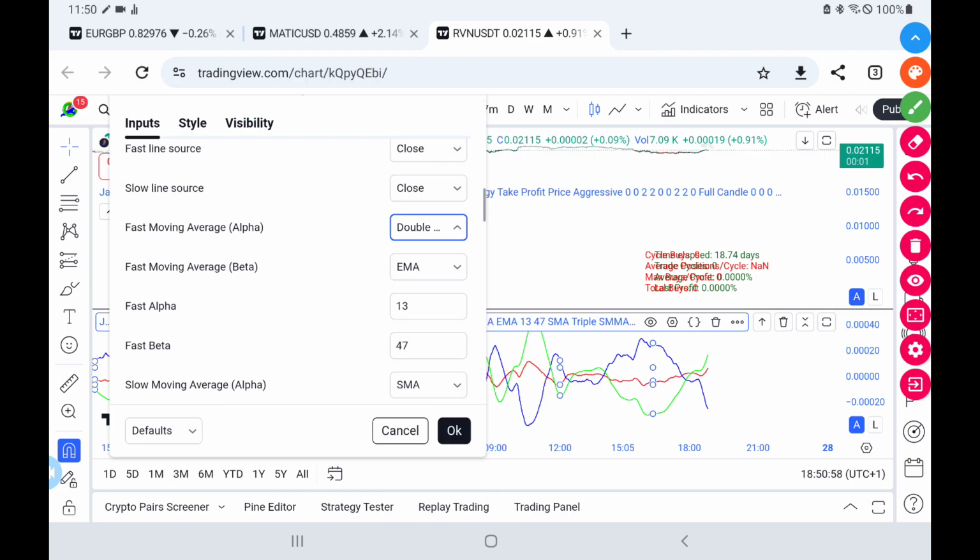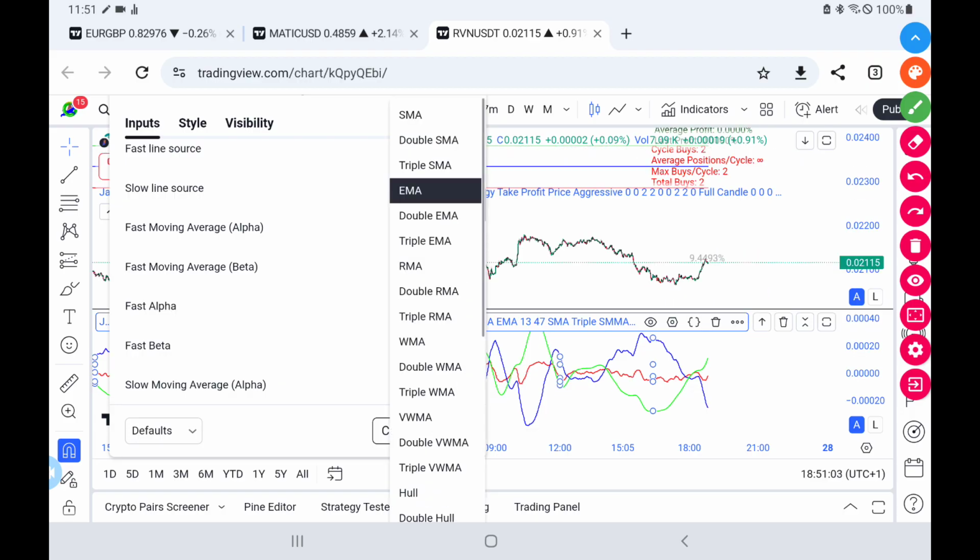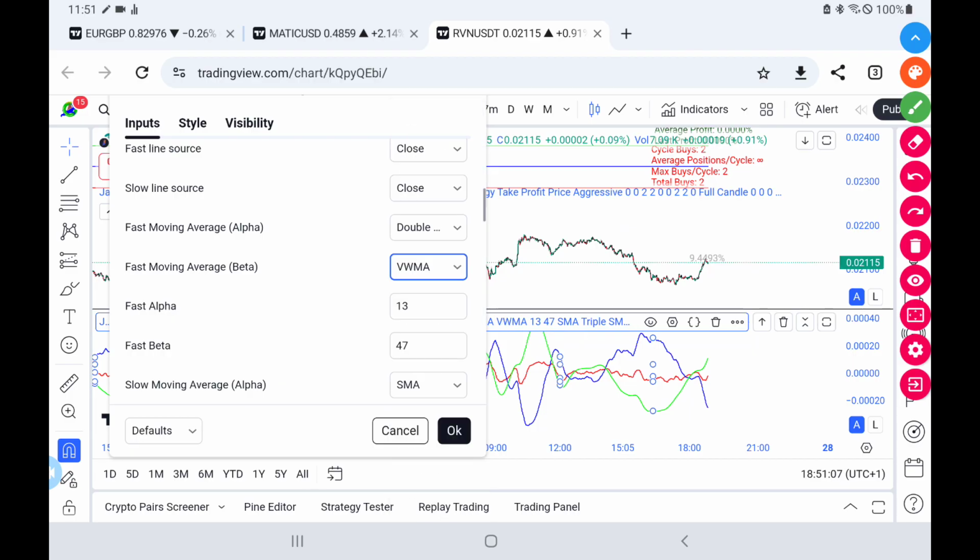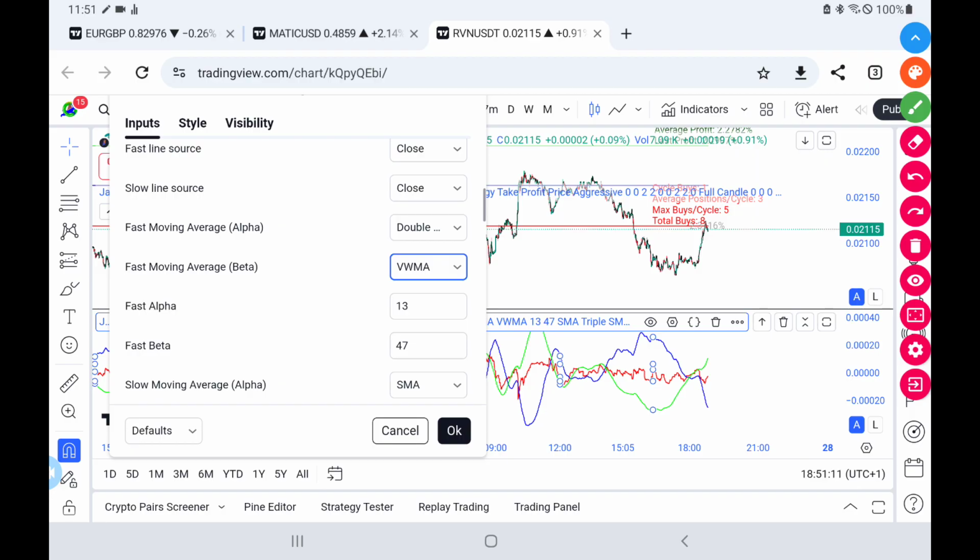Let's go with the DEMA, and let's take the beta to a volume weighted. And you can see, even with just crazy approaches, it keeps control of the market very nicely.